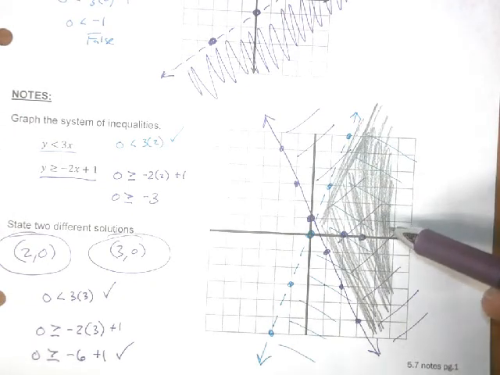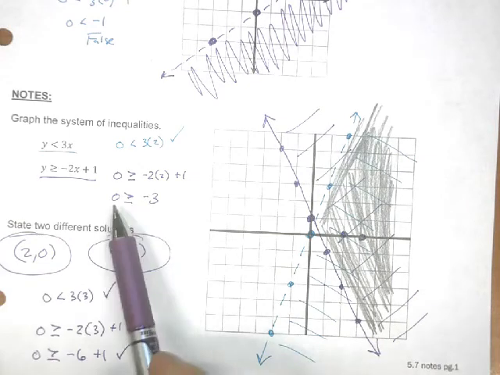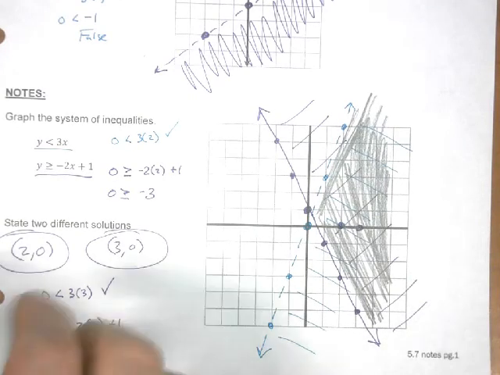So there are 2 different solutions that fall in my gray shaded area. And that is the system of linear inequalities there. We're looking for solutions that satisfy both of them, not just one of them. So again, I got kind of lucky here, picking the original point that was in both spots there.